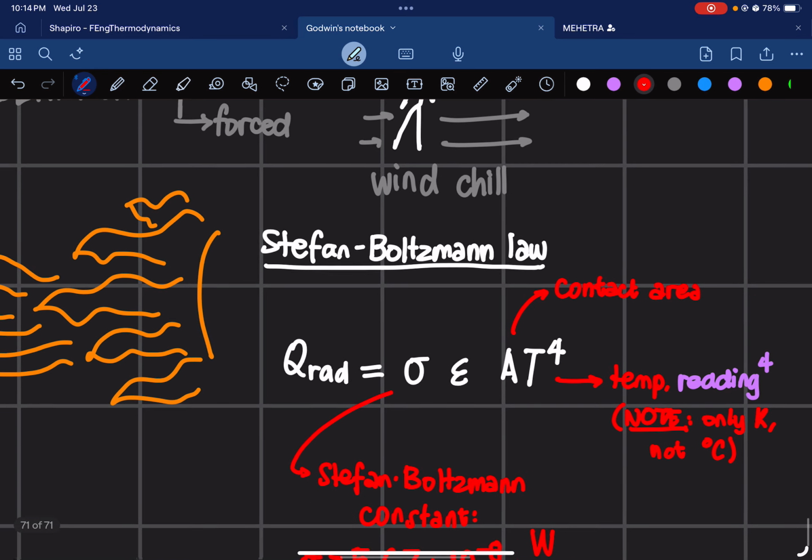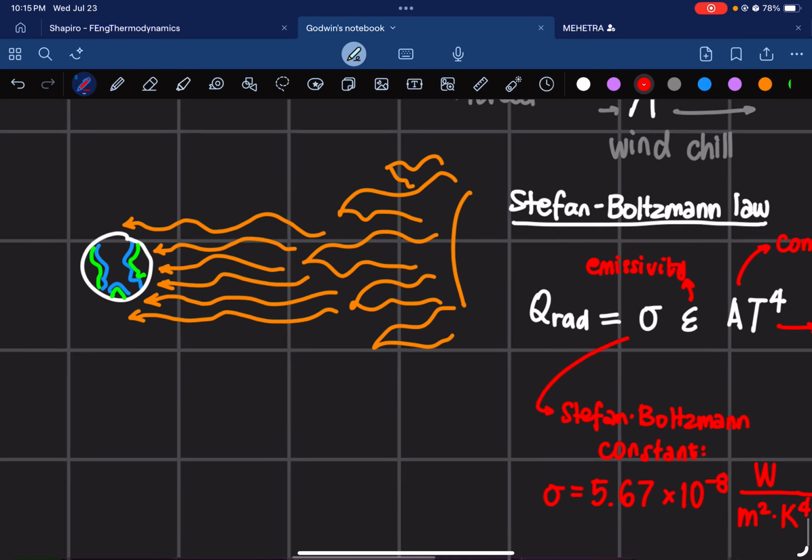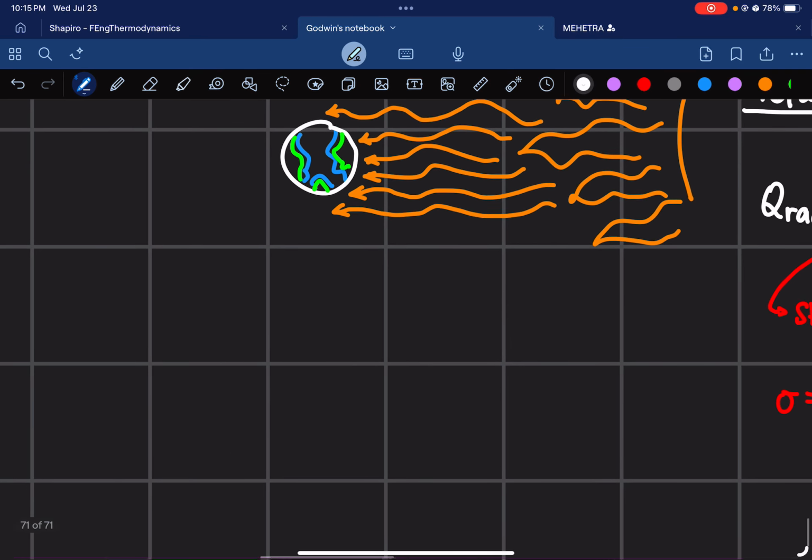And the last one here would be something that we call emissivity. From the word itself, hopefully you have a guess as to what the word means. Emissivity is a measure of how well an object can emit heat.